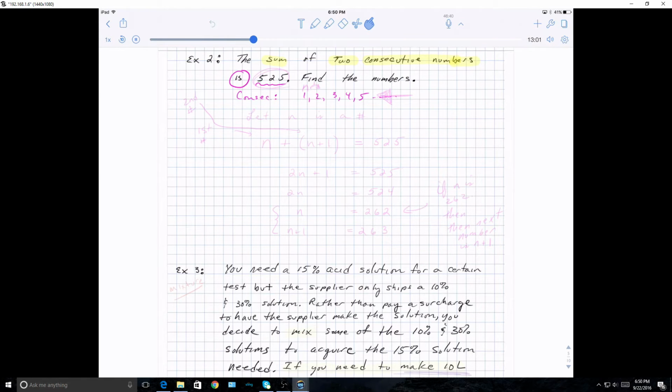So how can we set this up? Well, we first have to maybe come up with some variables. And let's think about this for a second. If we pay attention to the idea of what consecutive numbers are, and let's just say we let n be a number.